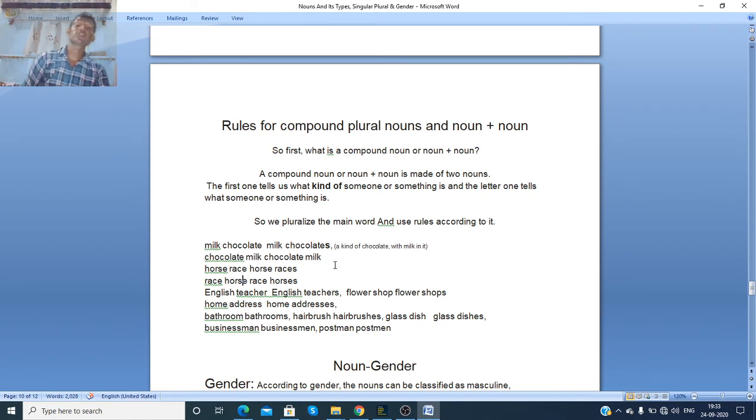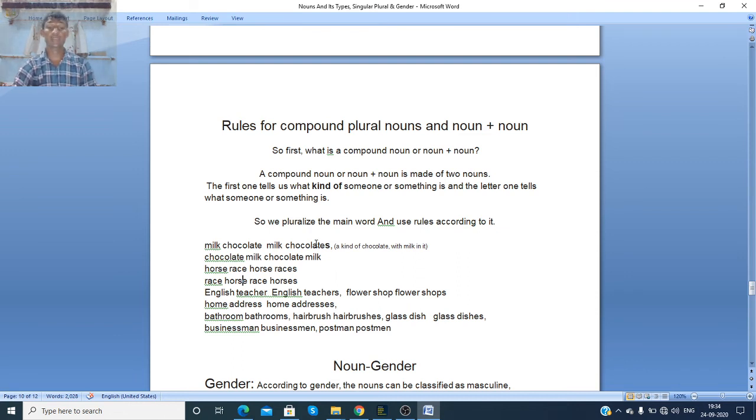So there is no special rule for compound nouns or noun plus nouns to make them plural or change the gender. We just change the noun that we are talking about, that is the main noun.